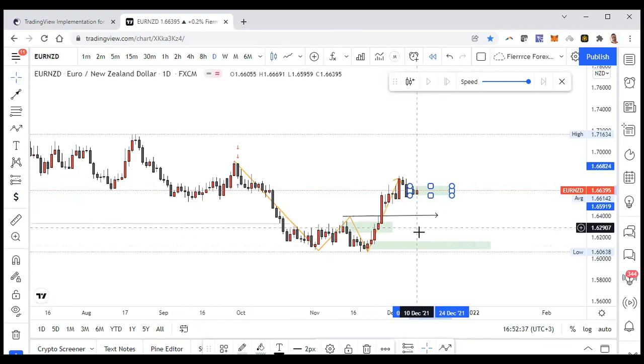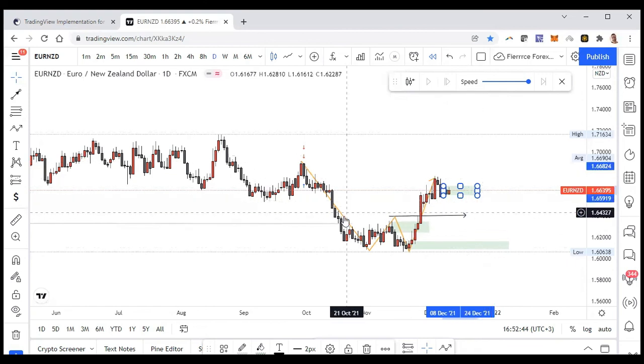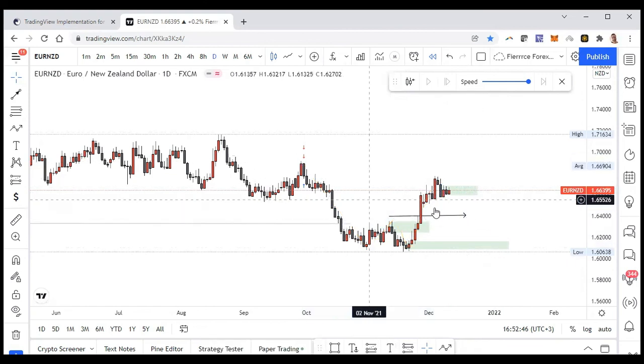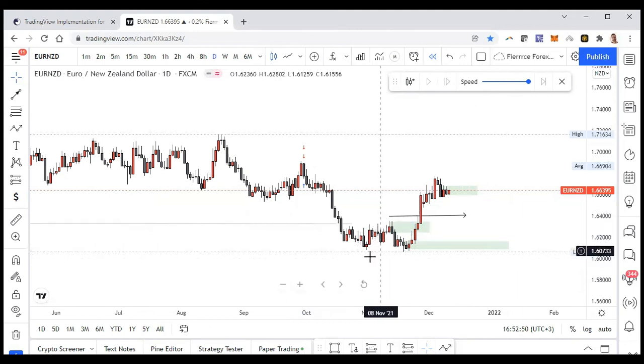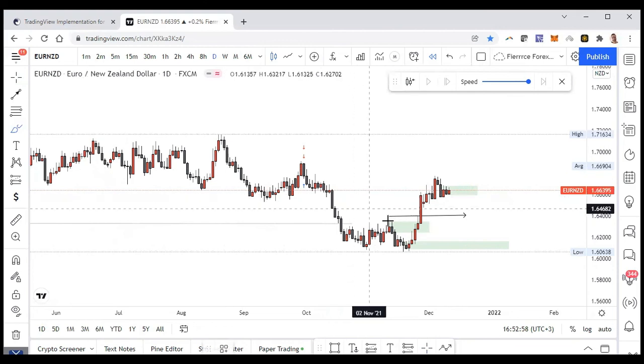So we may attempt to retest these lower levels, but we are generally looking at buys, because if I was to then look at it from, let's say, just this zone here, okay, we can see this high, okay, structurally on a bigger time frame kind of thing.